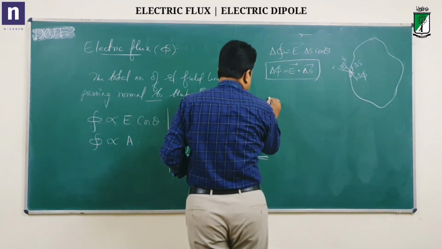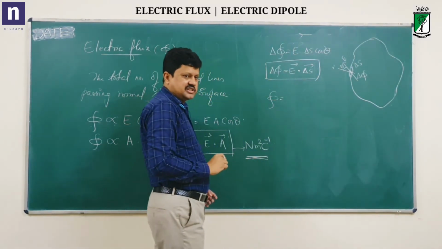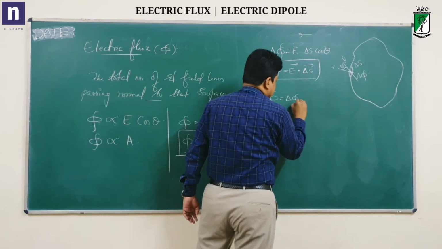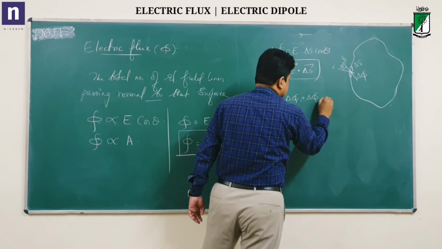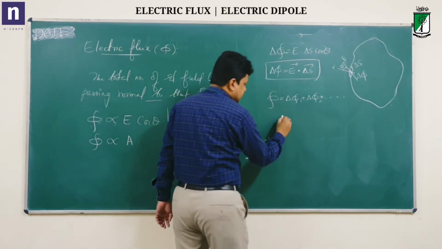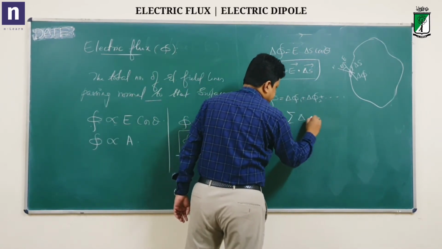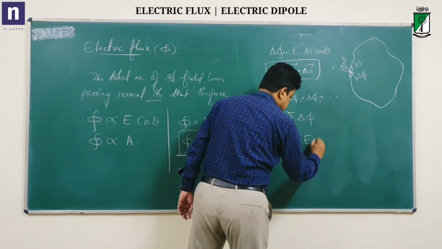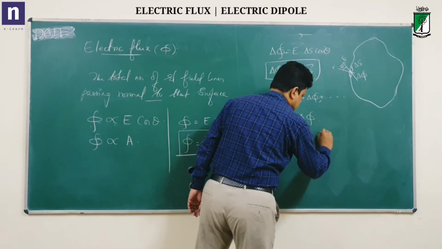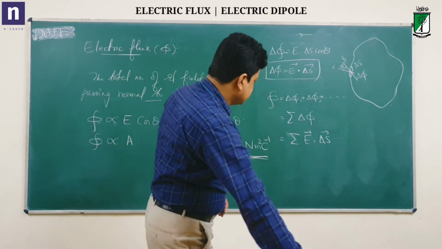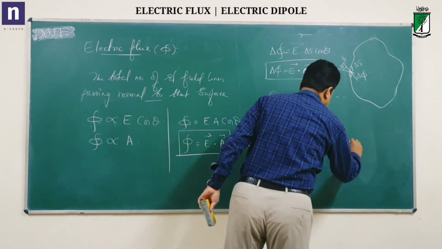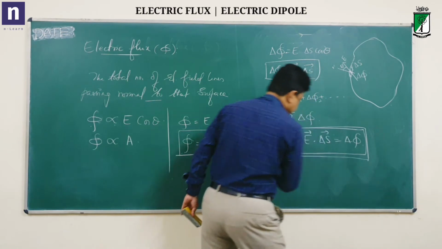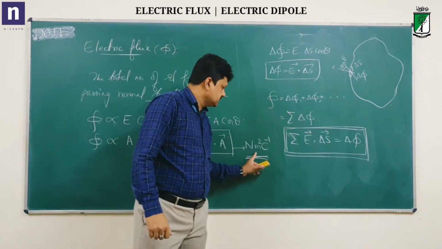That will be the total flux phi, which is equal to the sum of all these small fluxes, that is delta phi 1 plus delta phi 2 plus delta phi 3, etc., which will be nothing but summation delta phi, which is nothing but summation E dot delta S. And the SI unit is of course Newton meter square per coulomb.